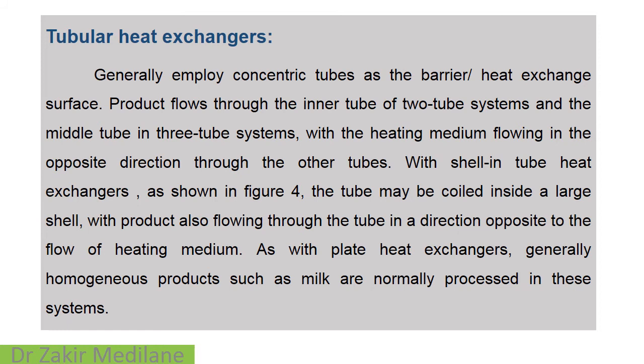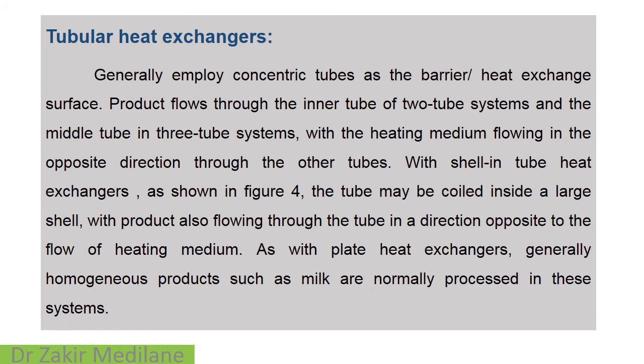The product flows through the inner tube of a two tube system and the middle tube in a three tube system, with the heating medium flowing in the opposite direction through the other tubes. With the shell in tube heat exchanger, as shown in diagram 4, the tube may be coiled inside a large shell, with the product flowing through the tube in a direction opposite to the flow of the heating medium.